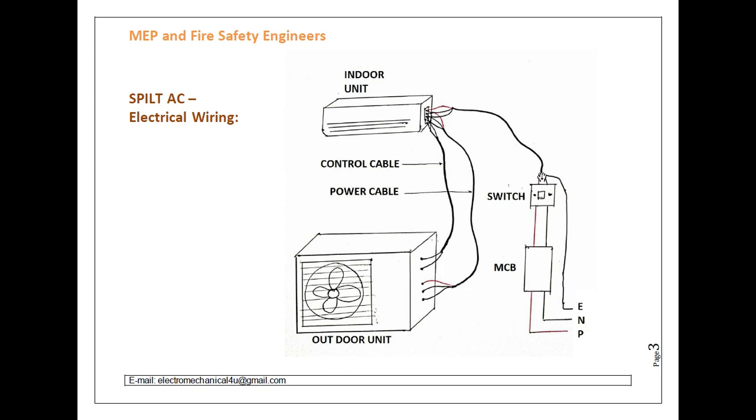From the switch it goes to the indoor unit. From the indoor unit this power cable is going to the outdoor unit, and there is a control cable between the indoor unit and outdoor unit. This is a very simple and basic electrical wire network of the split AC.